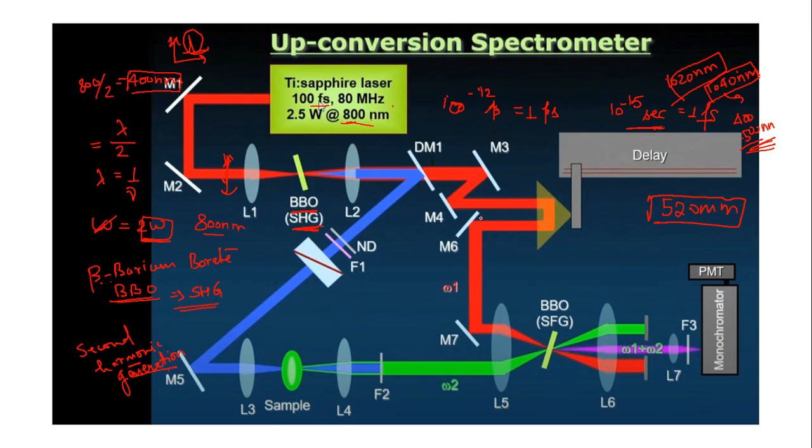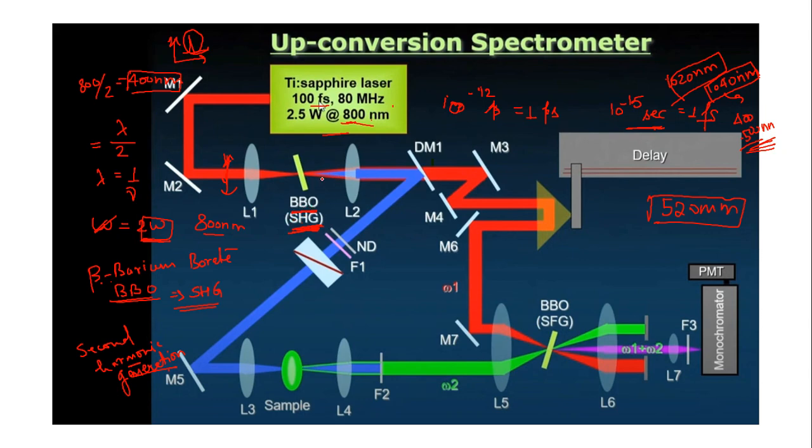And this makes the process easy. You need not change your entire source. You just need to keep a new material, that is SHG material, in its way, so that you directly get this conversion. To recap, frequency doubling takes place.